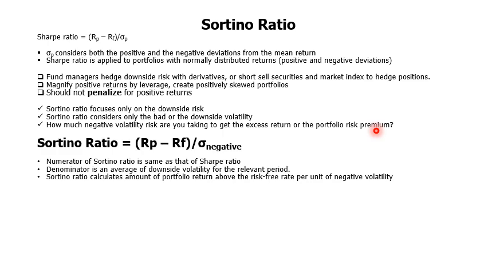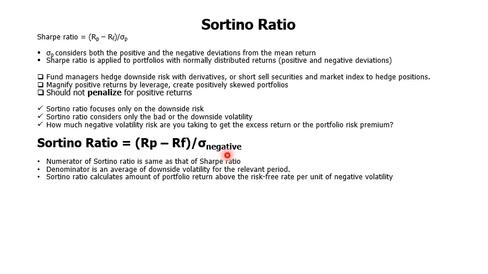While the numerator of the Sortino ratio is the same as that of the Sharpe ratio, the denominator is the average of the downside volatility for the relevant period. The formula is Rp minus Rf divided by sigma negative, the negative standard deviation.